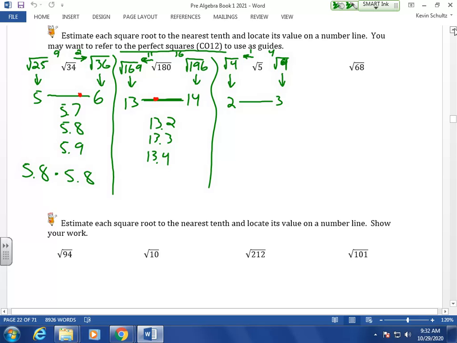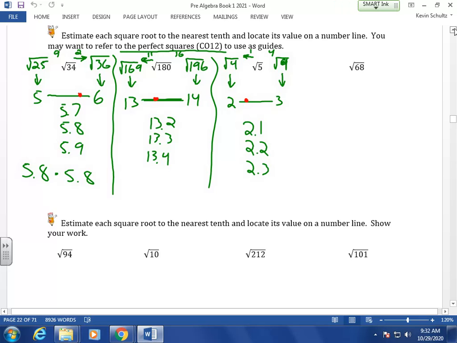Connor? I was thinking 2.1, 2.2, 2.3. It's probably in the 2.1, 2.2 range. If someone's got a calculator and wants to test those out, see which one is the closer answer. Probably 2.2, actually, but 2.3 would be acceptable as well. So it's somewhere right around there.